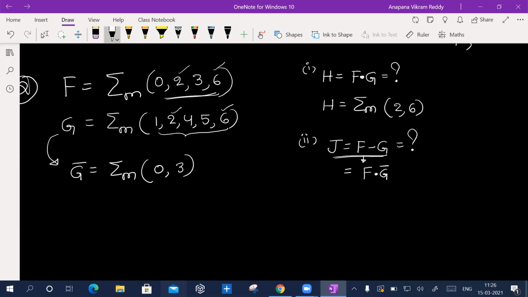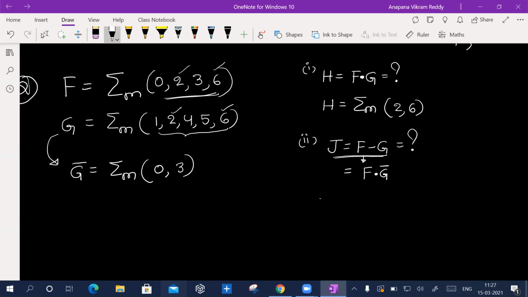You don't include 7 here. In G, I don't have 0 and 3. So therefore G complement, I can take as 0, 3.